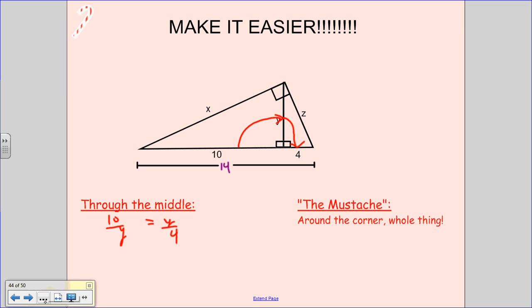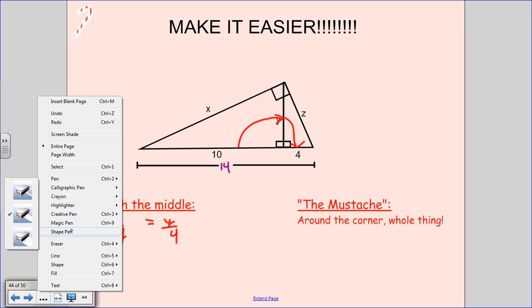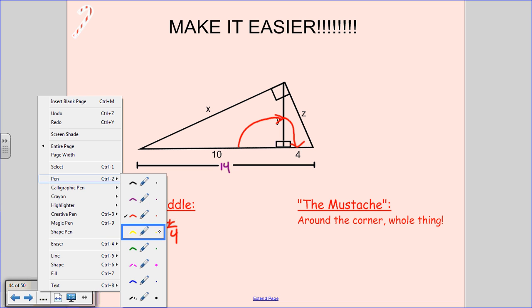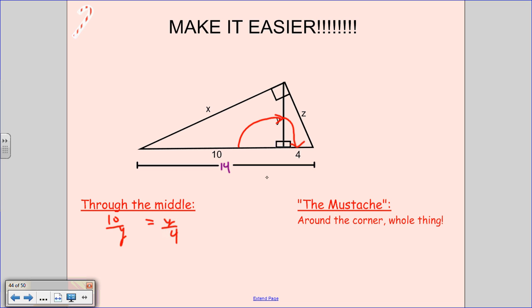To get to the other variables, we're going to use the mustache method. To use the mustache, you would start at 10 and go around the corner to x.